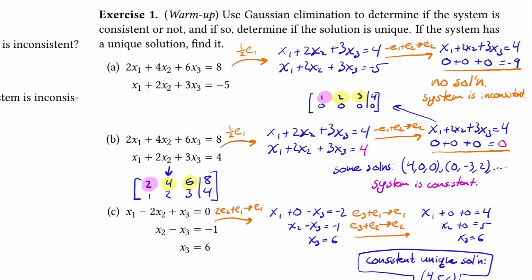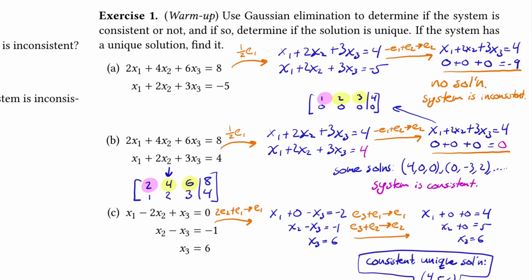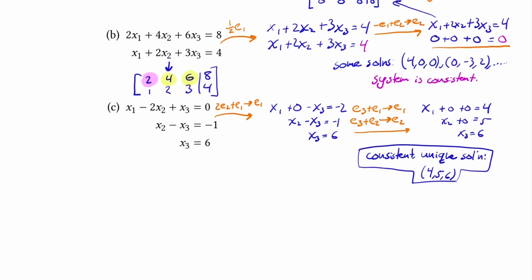Exercise 1, the warm-up we did, is an example where there is a pivot in the rightmost column. That means this original system is inconsistent because it has the same solution set as this other system that says 0 equals -9, and that's impossible to make true.